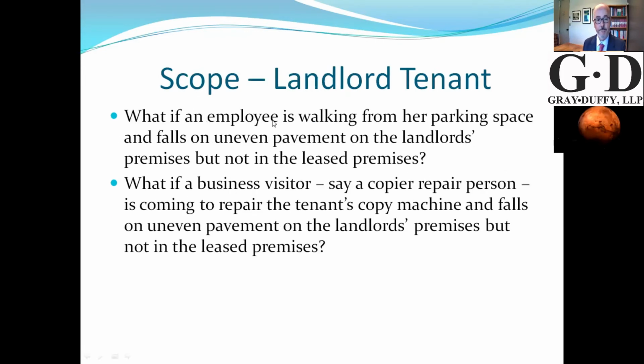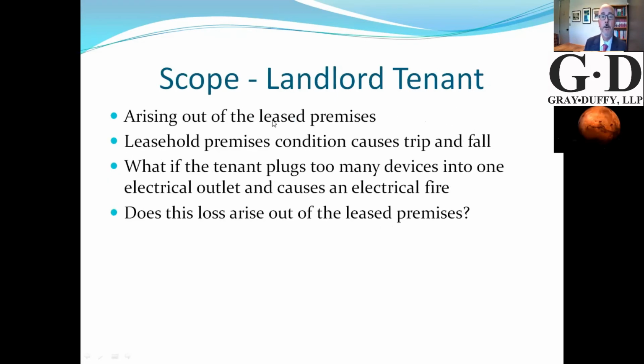Another issue where scope comes up is in the landlord-tenant situation, although it's a different type of issue. So very often the coverage is provided for arising out of the leased premises, or more recently caused by actual omissions of the named insured in connection with the leased premises.